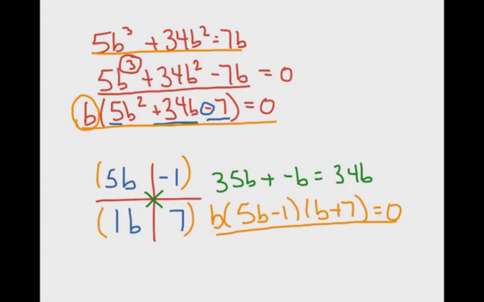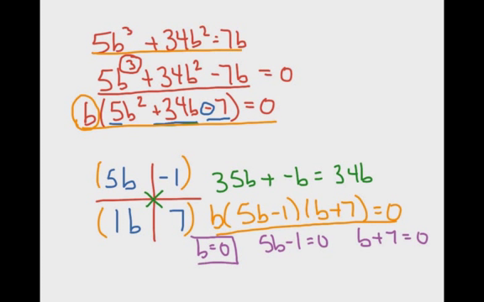So now we have 3 factors here, which is going to be the same just like 2. One of these 3 has to equal 0 since we're multiplying them all. So b can equal 0, 5b minus 1 can equal 0, and b plus 7 can equal 0.